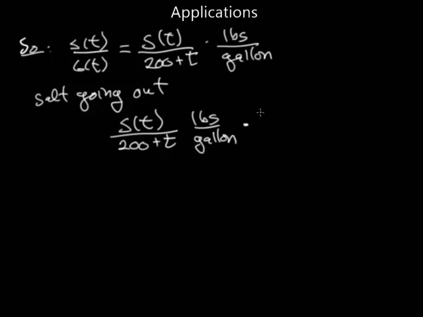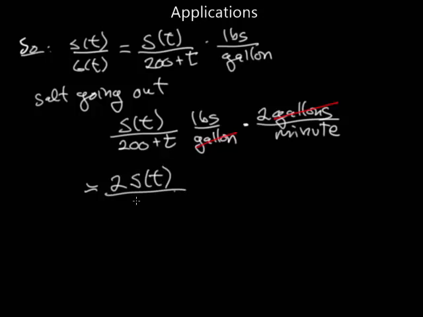And the rate that it's going out is 2 gallons per minute. The units cancel, and you get 2 times S of t over 200 plus t pounds per minute.